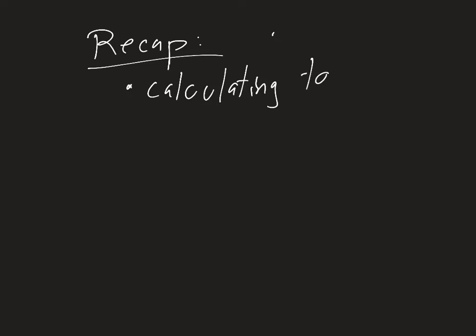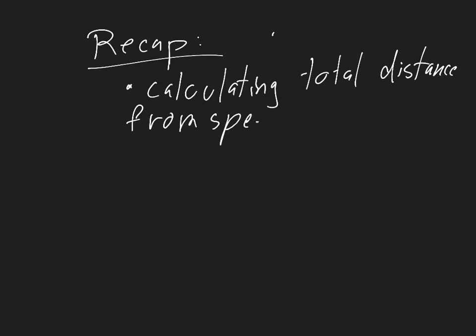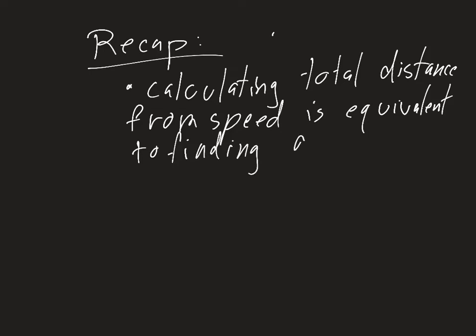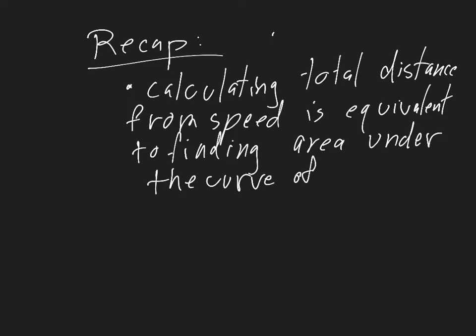So a quick recap of what we've done so far is that calculating distance, say total distance, from speed, we saw that this is equivalent to finding the area under the curve of the speed.